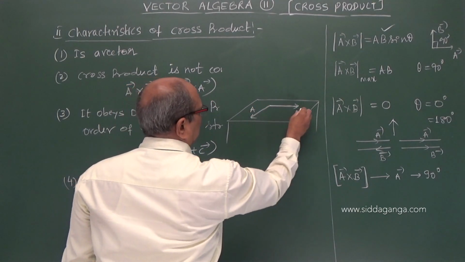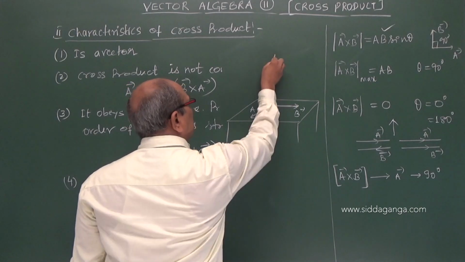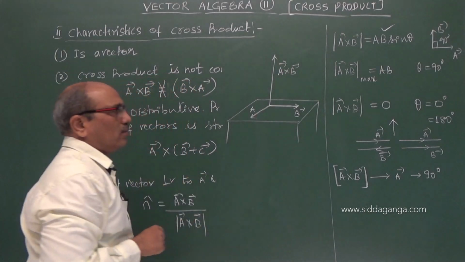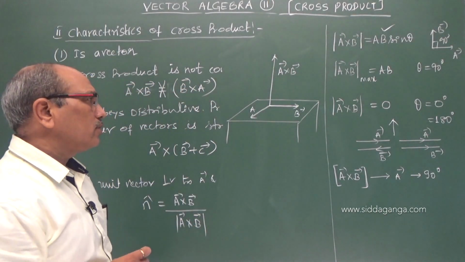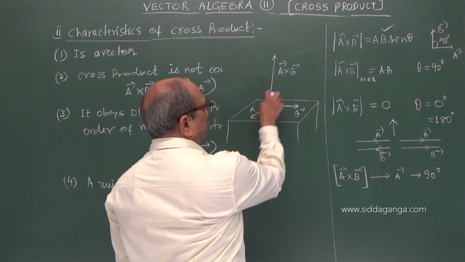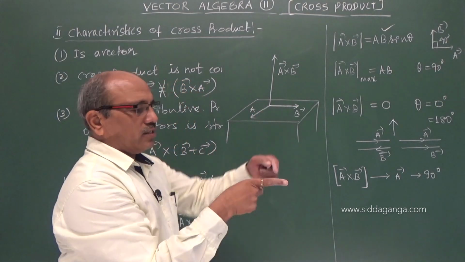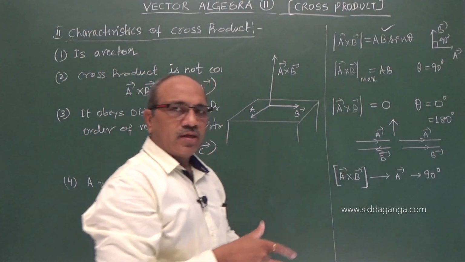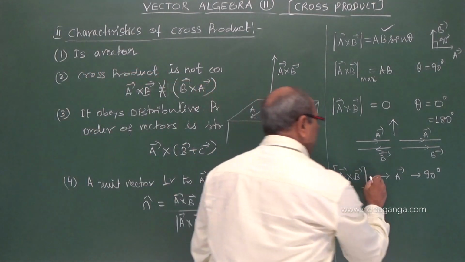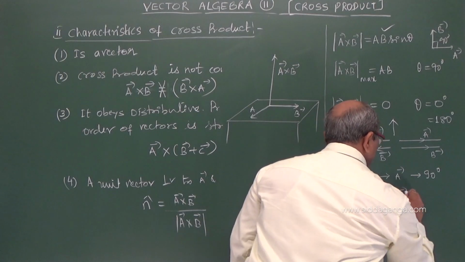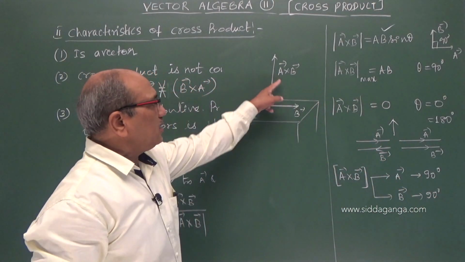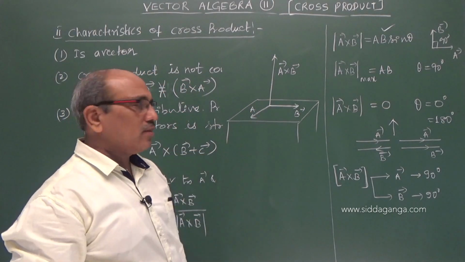Now this is the resultant, A cross B. Now you see, vector A in this plane is perpendicular to A cross B. So A cross B with A is 90 degrees. A cross B with B is also 90 degrees. The angle between A cross B and B is 90 degrees.